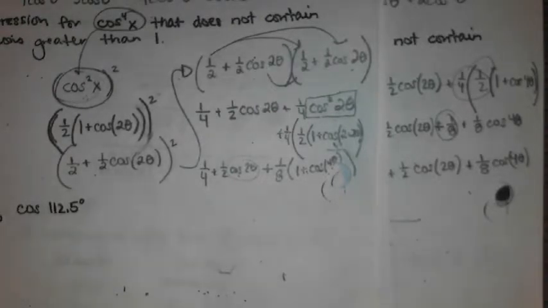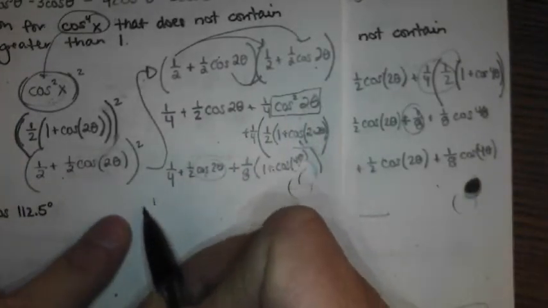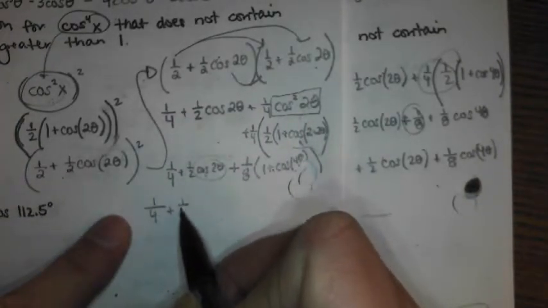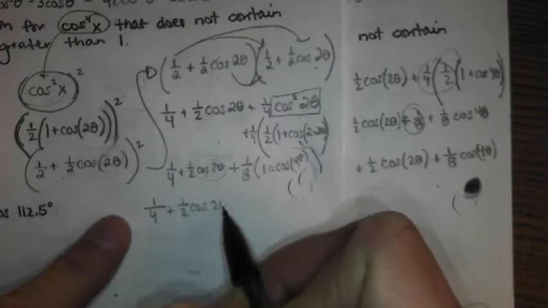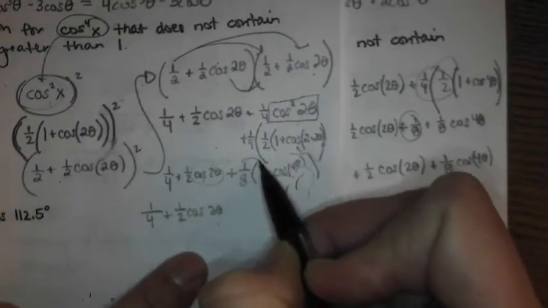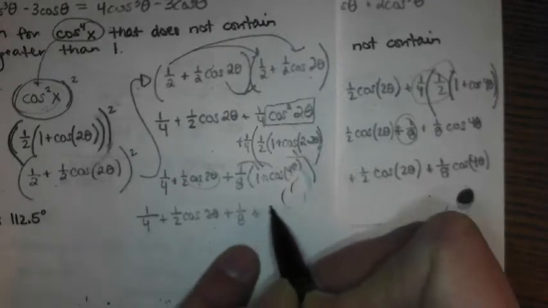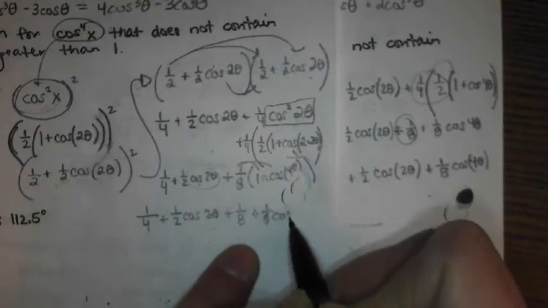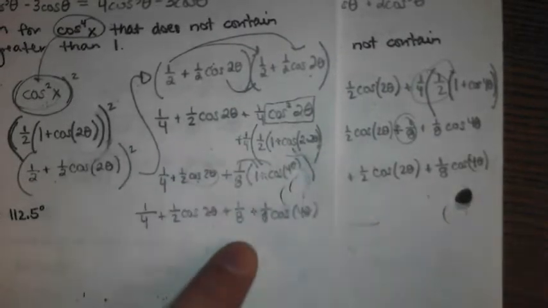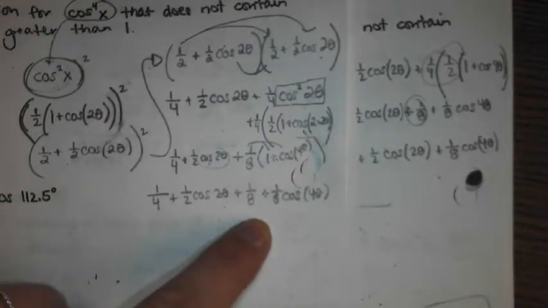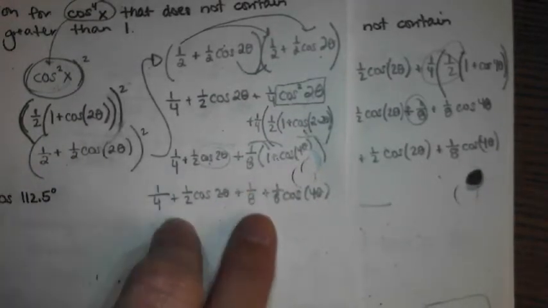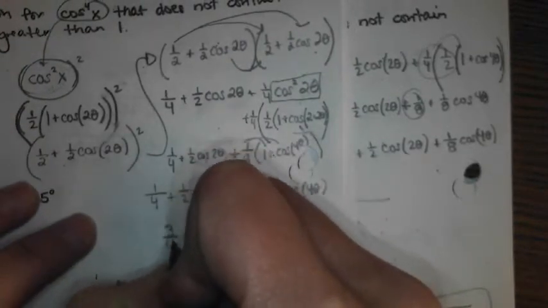And actually, to go one more step and listen to my own advice, I should distribute the 1/8. So plus 1/8 cosine of 4 theta. And then what can I combine? 1/4 and 1/8, yes? That's 2/8 plus 1/8 is 3/8.